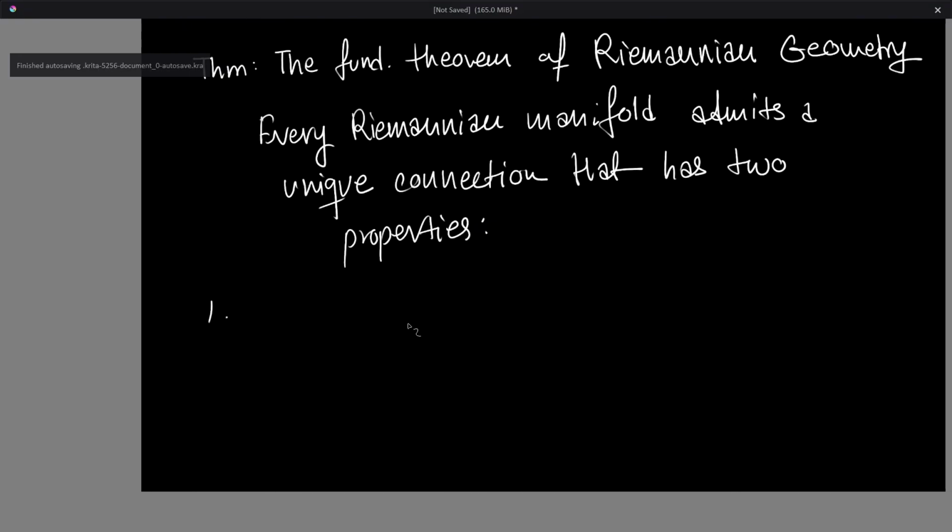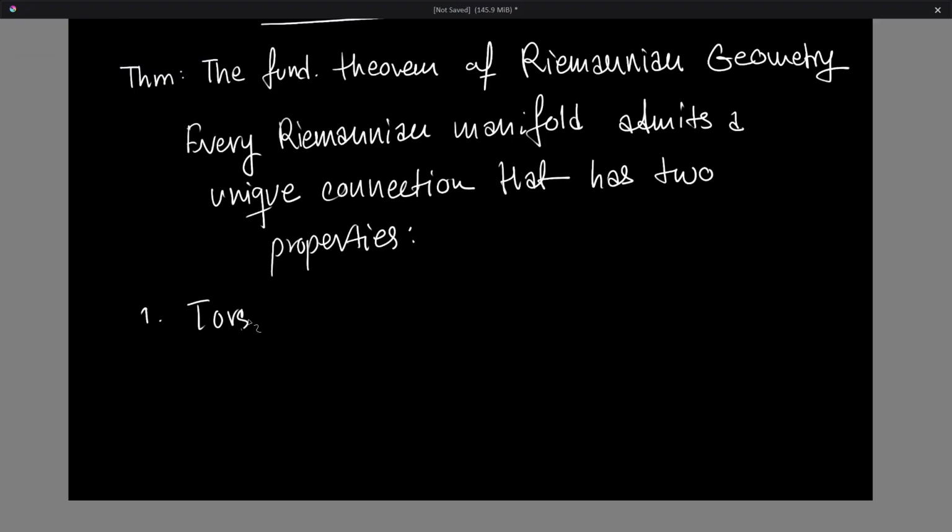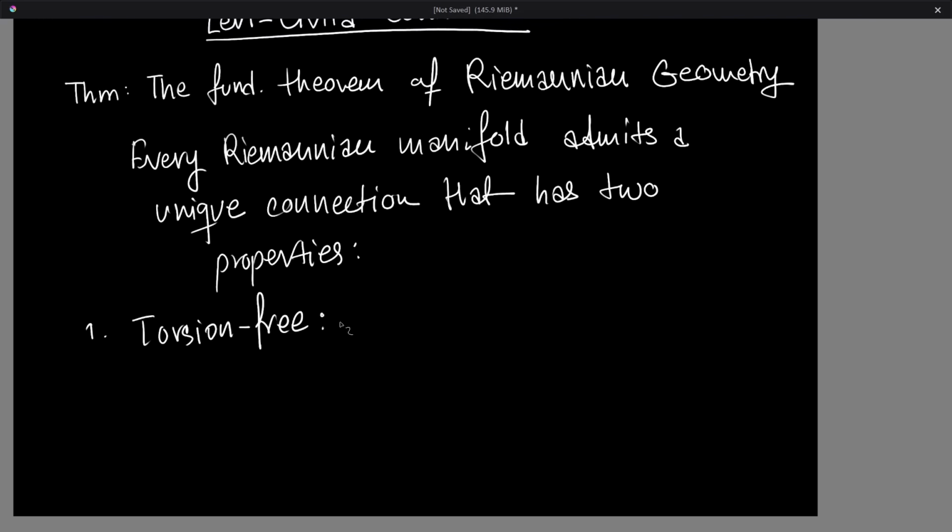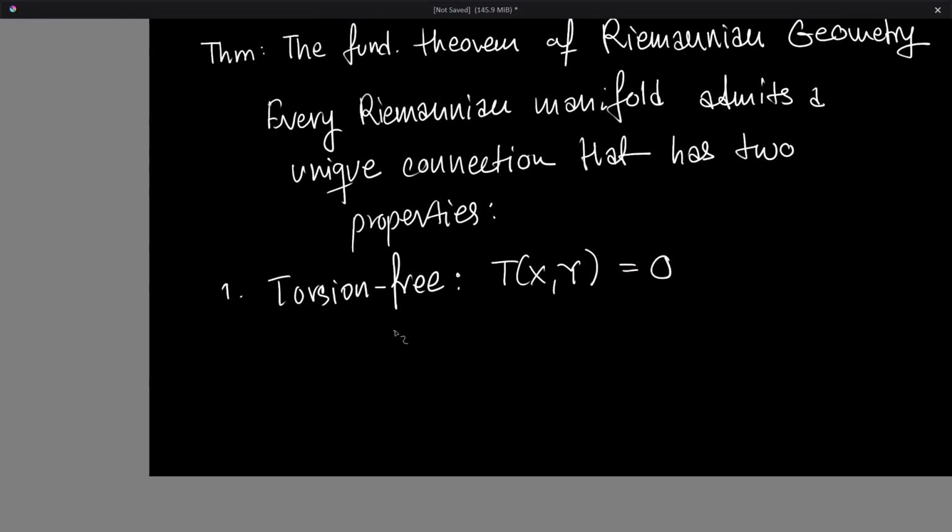One, it's torsion free. So here's where that torsion freeness is kind of coming into play, right? That's why we set it up in the last lecture. So T of x y is equal to 0. And T obviously is defined using the connection.